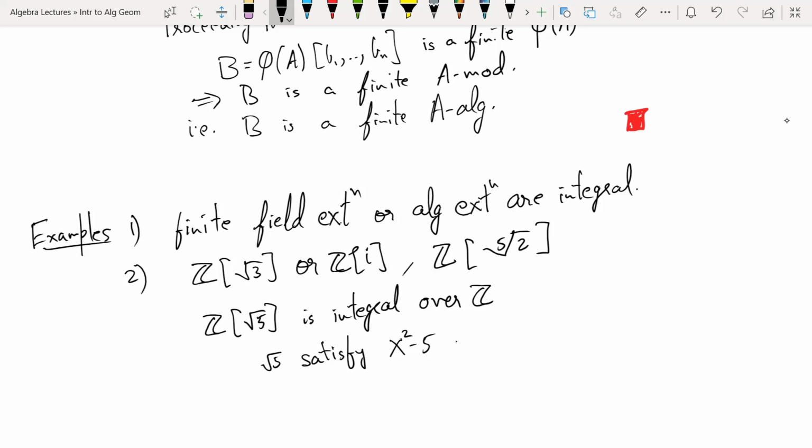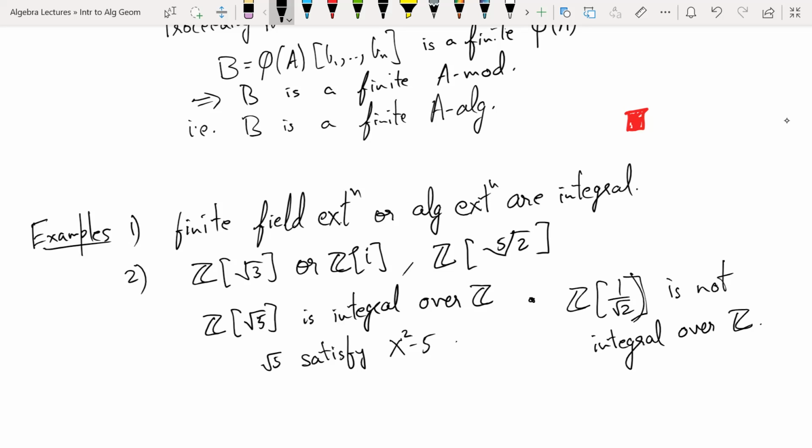So you can't adjoin just anything. For instance, you can't say Z adjoin 1 over square root 2. This is not integral over Z. If you put some fractions below, then it's not going to be integral.